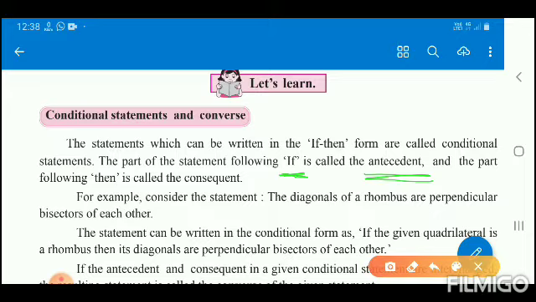And the part following then is called the consequent. Do you understand this? What is meant by a conditional statement? A statement in the form if-then is called a conditional statement. The part following if is known as the antecedent and the part following then is called the consequent.